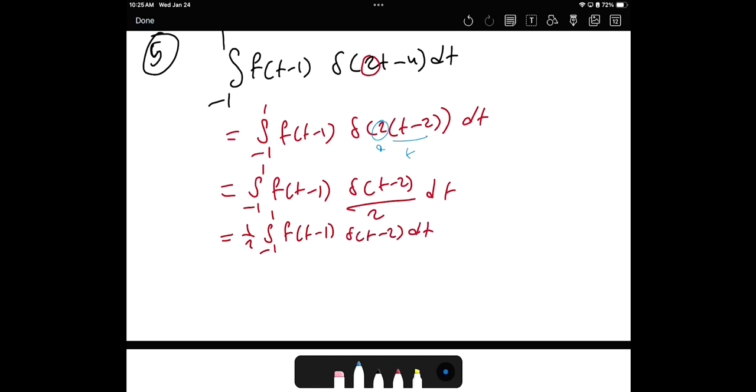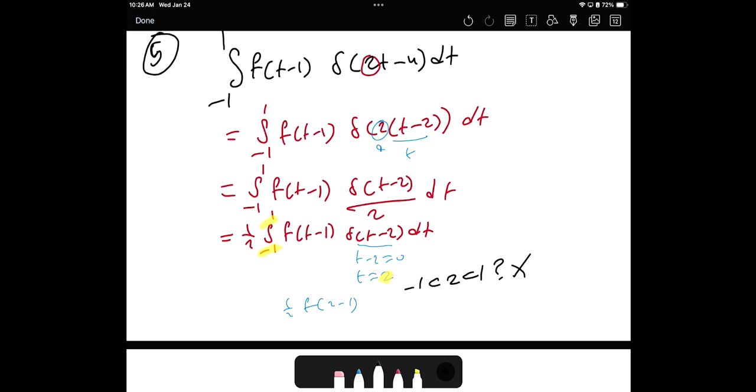So now look at t minus 2 equal to 0, therefore t equal to 2. I cannot say directly 1/2 f of 2 minus 1. Why I cannot say that? Because I need to check the integral limits. So the question is, is 2 between -1 to 1?